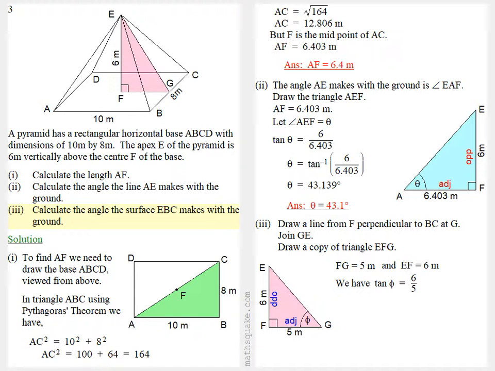So we have tangent of phi is equal to 6 over 5, and if we take the inverse tangent of both sides, that gives us phi equals the inverse tangent of 6 over 5, which means if we work it out on a calculator, phi is equal to 50.154 degrees. Or rounding that off to one decimal place, phi is equal to 50.2 degrees.